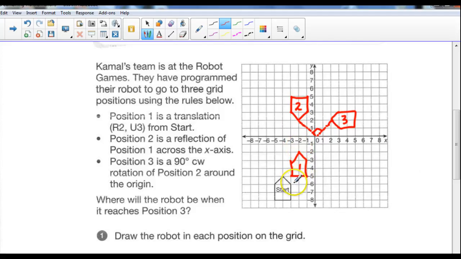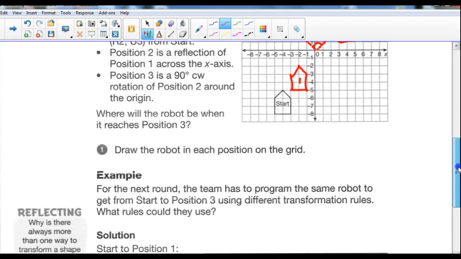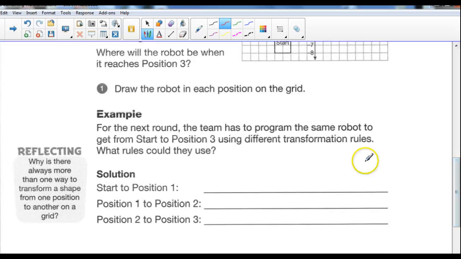What we could do to get it to the same position is, well, here they went 2 to the right, and then 3 up. Well, we could say that it went 3 up, and then 2 to the right. Just depends what order we're doing it.